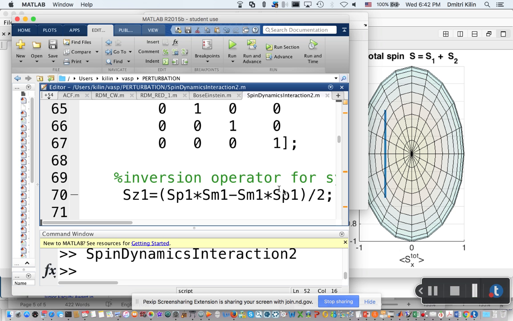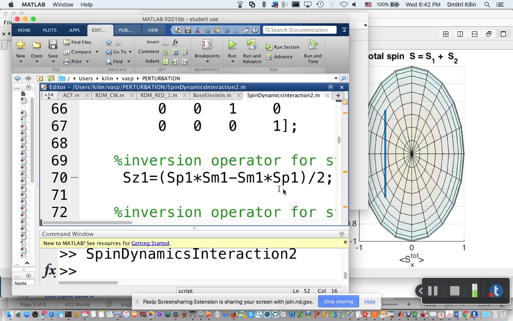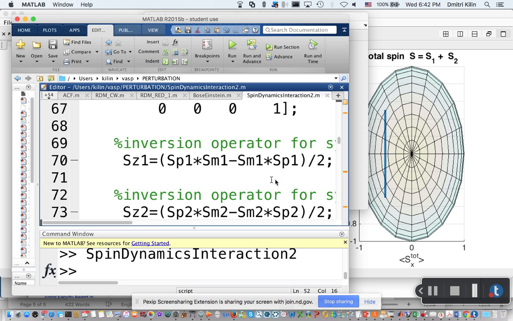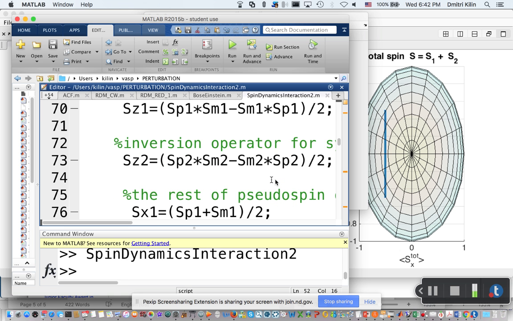Good? Now, if we recall what we did in Quantum 1, as soon as we have creation and annihilation operators, we can quickly set up all spin projections. For the Z projection it is plus times minus, subtract minus times plus, for the first and second spin.